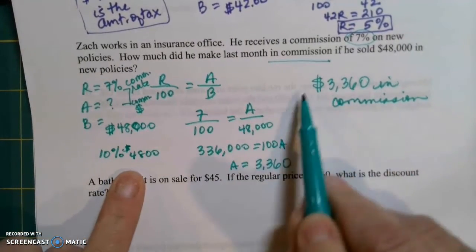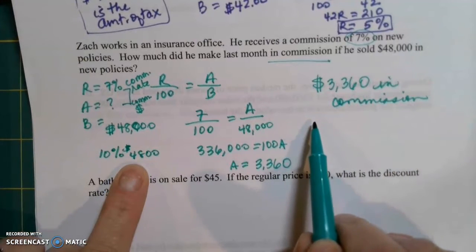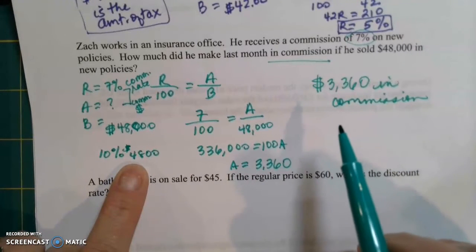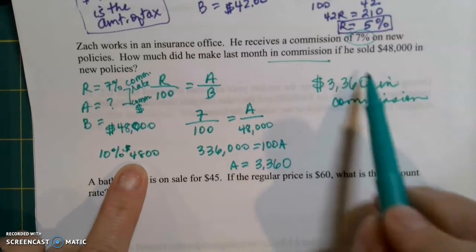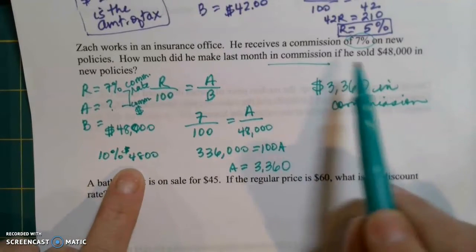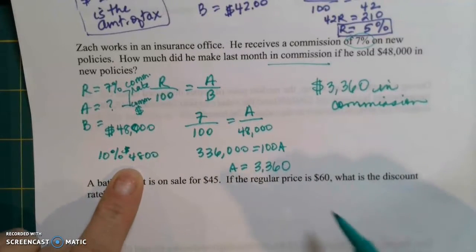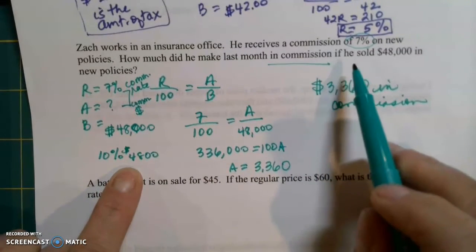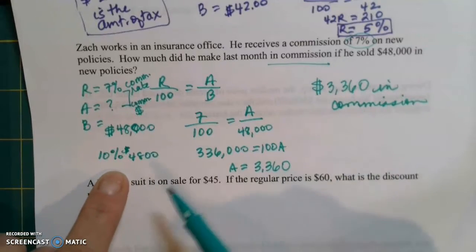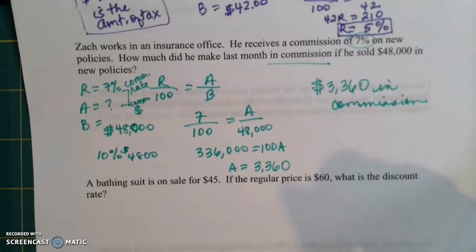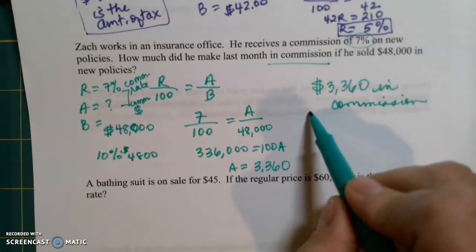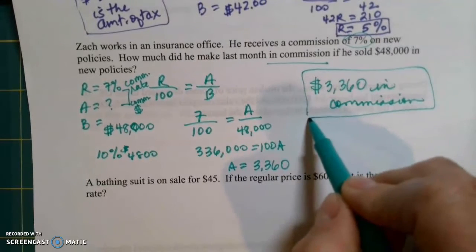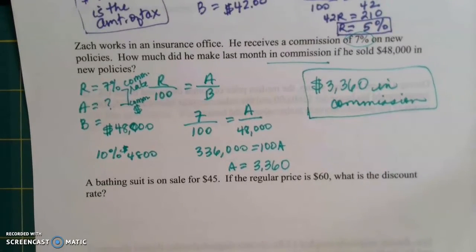So does 7% being $3,360 make ballpark sense? And yeah, it does, right? It's smaller than 10%, but not a terrible amount smaller, which 7% is not terribly smaller than 10%. That's pretty close. So $3,360 in commission is what Zach earned based on that.